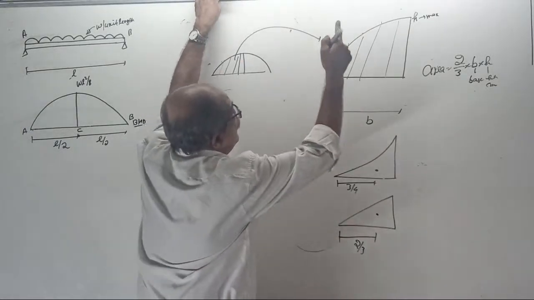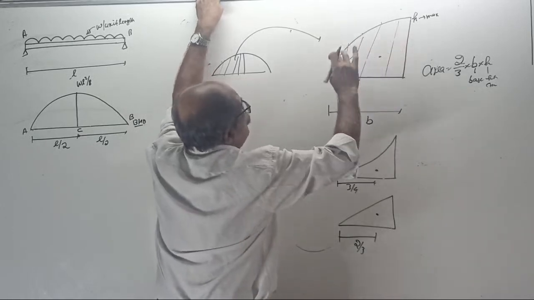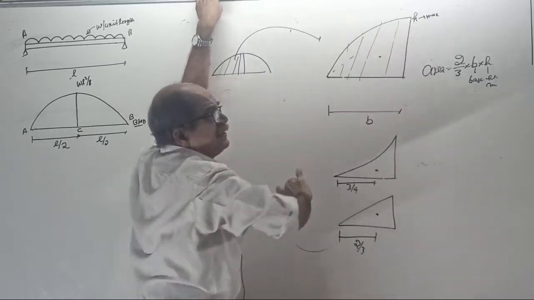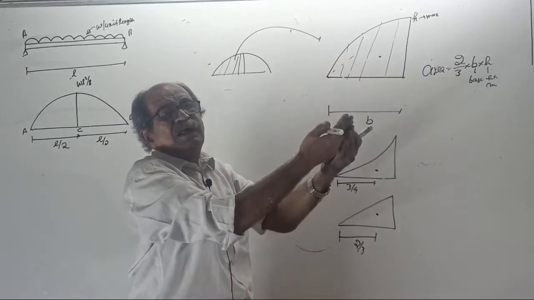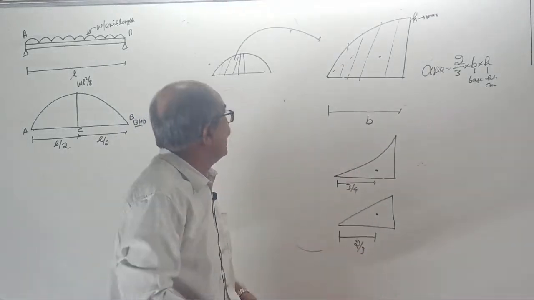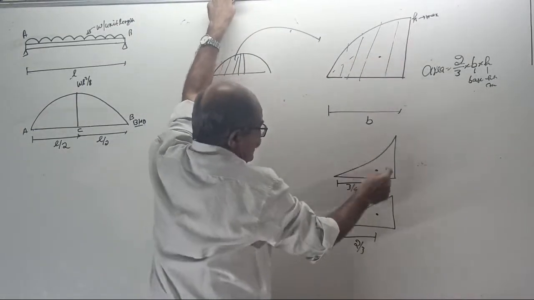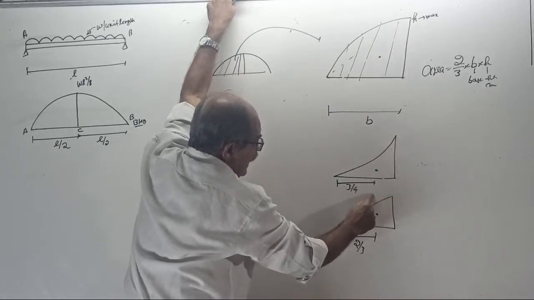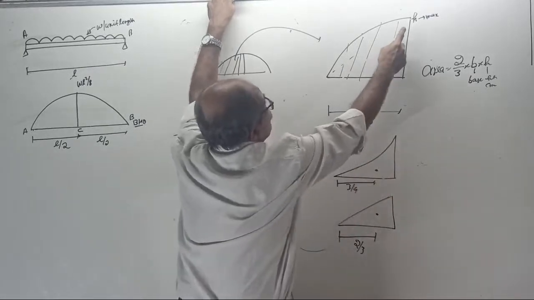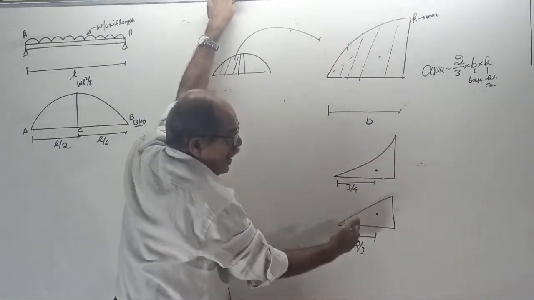Now, tell me, if it is a triangle, CG will come here. Because of this parabolic effect, will CG come further this side, left side or right side, compared to the triangle? If it is this type of parabola, see, now when you put the area this way, that side area also increases. But area increases severely on the left side.